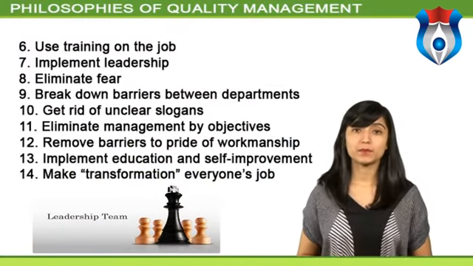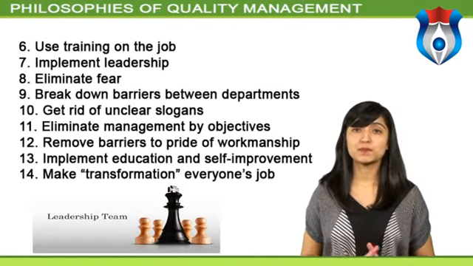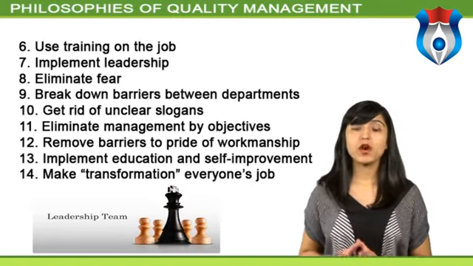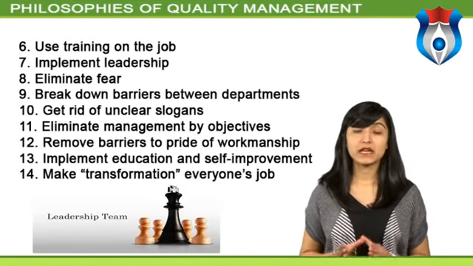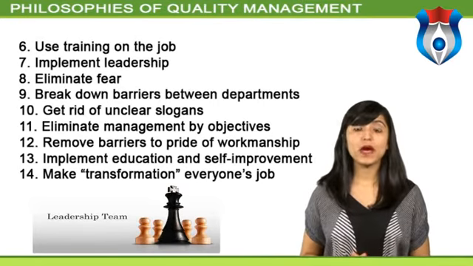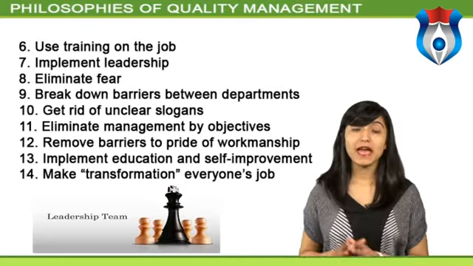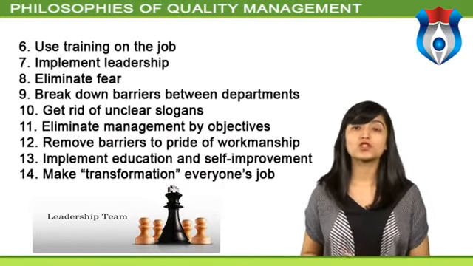Implement leadership. Eliminate fear. Break down barriers between departments. Get rid of unclear slogans. Eliminate management by objectives. Remove barriers to pride of workmanship. Implement education and self-improvement. Make information everyone's job.